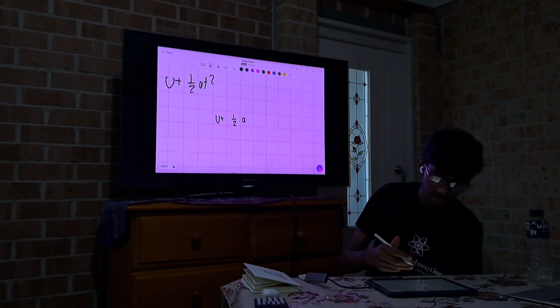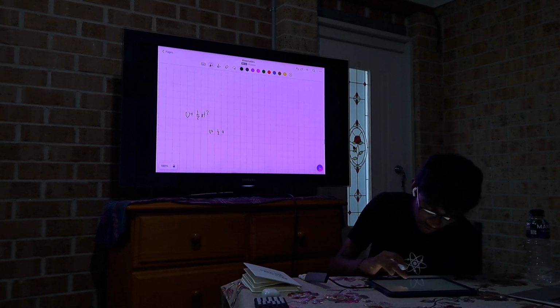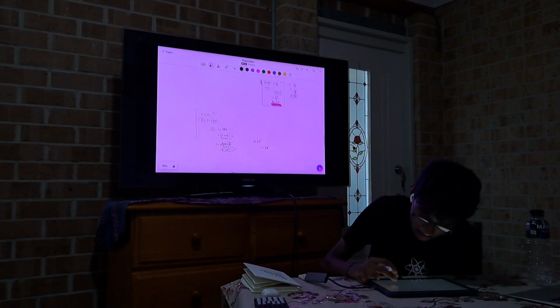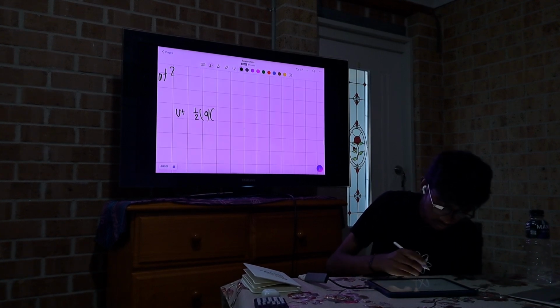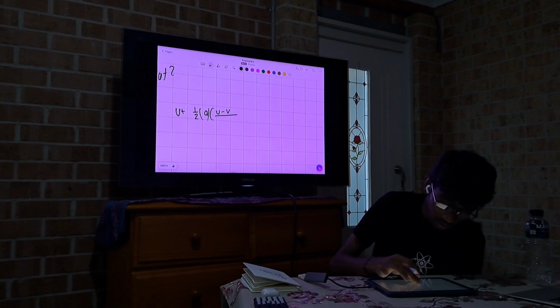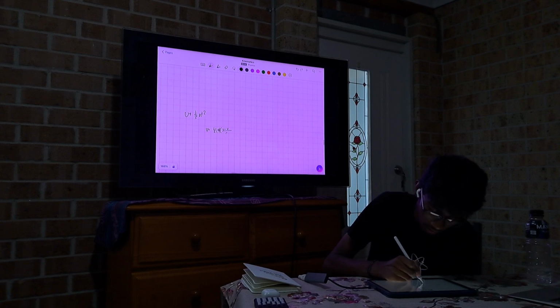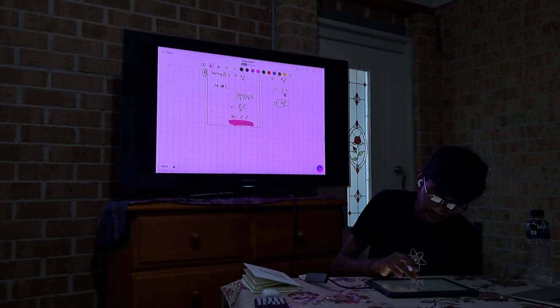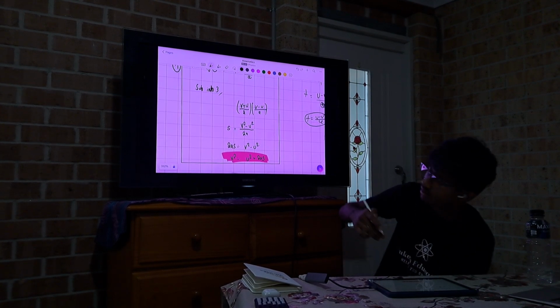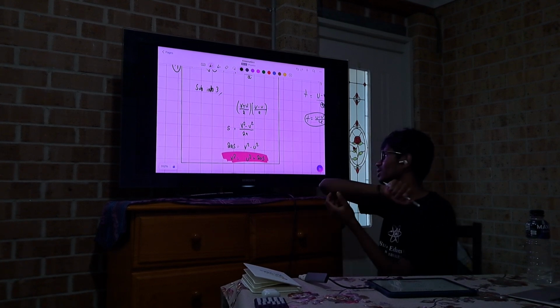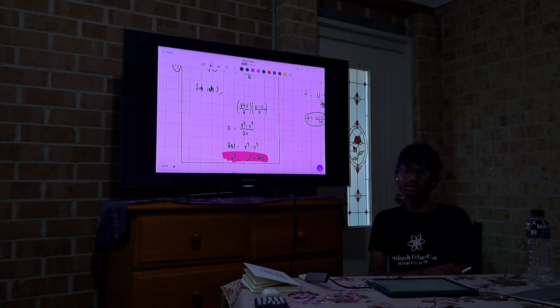Just substitute that in. So when you do that, guys, you actually end up getting this. Go ahead and simplify, and you'll get v squared is equal to u squared plus 2as.